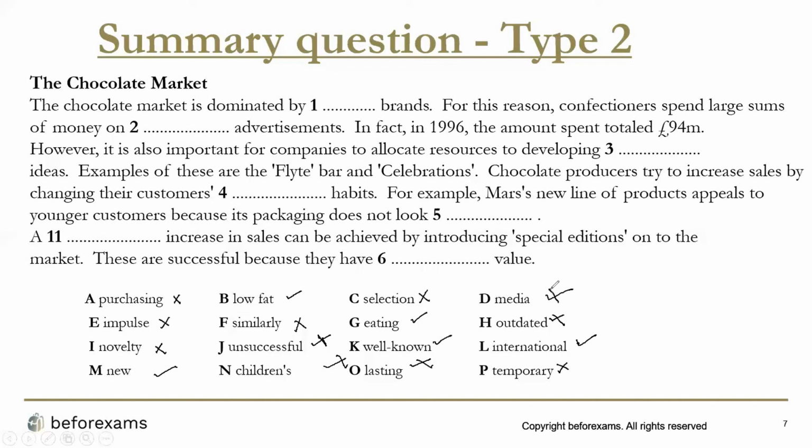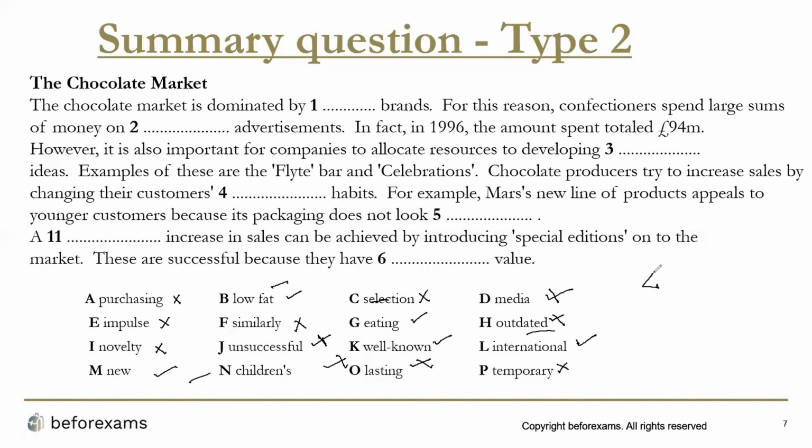So in the first go, we just figured out which answers could be grammatically correct. After that, we are zeroing it down to 2 to 3 options. So now we have zeroed it down to 4 options.